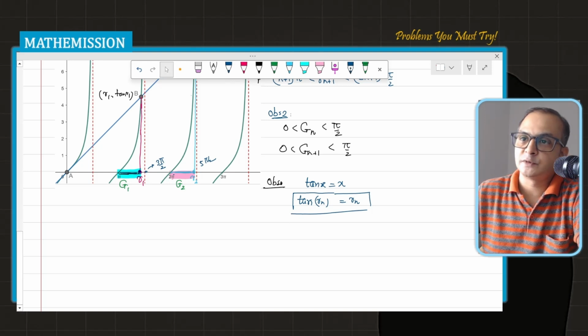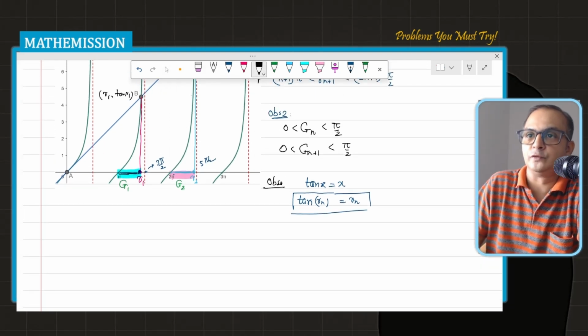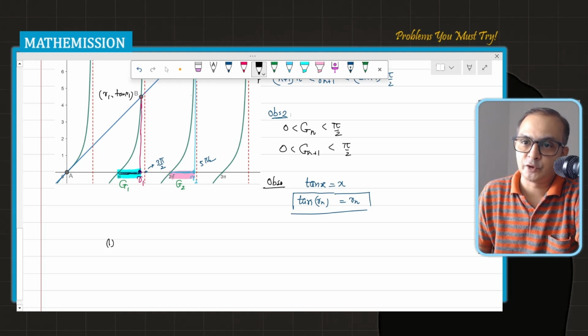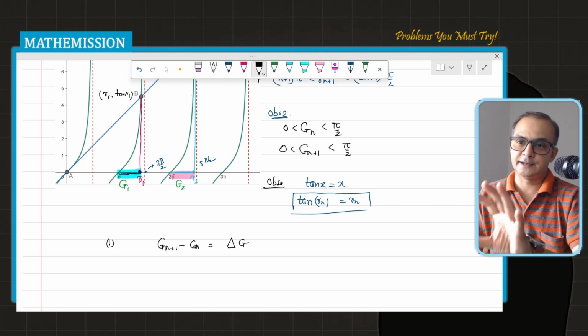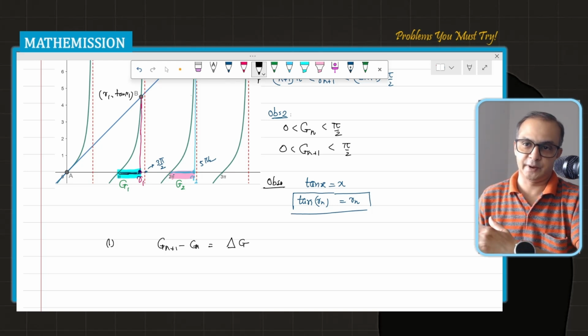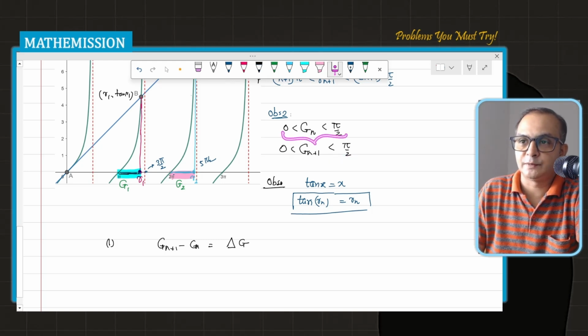Now from these observations we are going to establish our proof. From observation number 2 I have already proved the left inequality. You can see that gn plus 1 minus gn is our delta g, and remember what we have to prove: delta g lying between 0 and 1 by n square plus n pi. Since gn plus 1 lies between 0 and pi by 2, and gn is also between 0 and pi by 2, the difference will also lie between 0 and pi by 2.